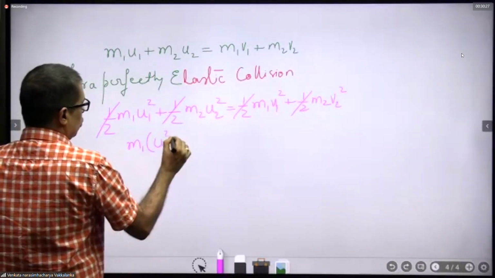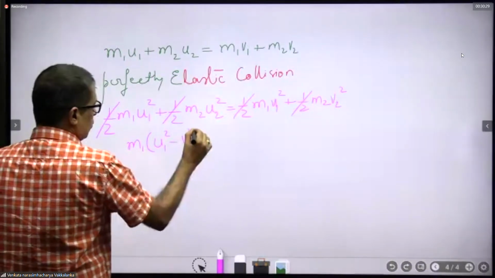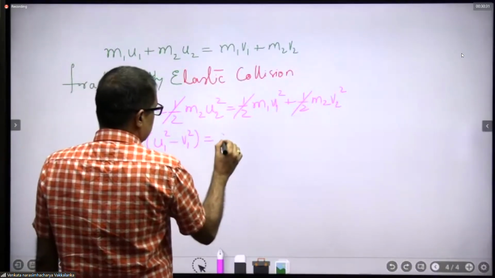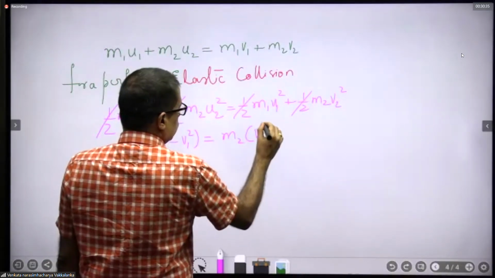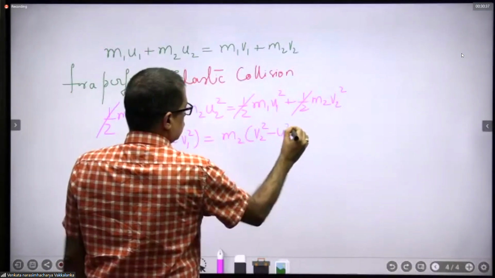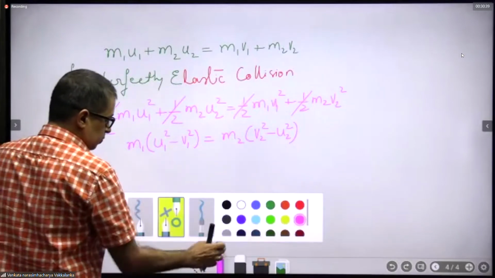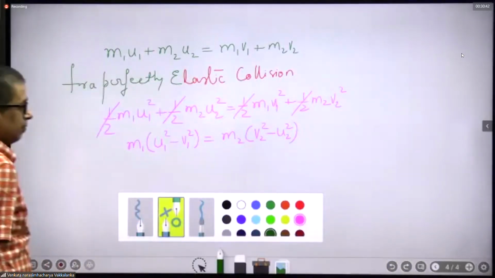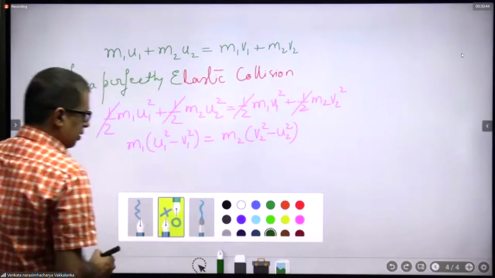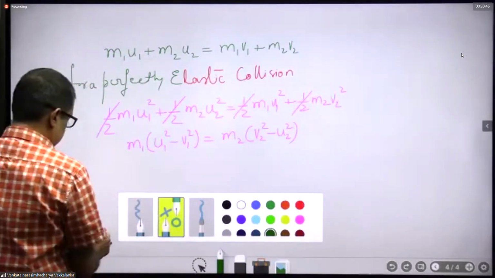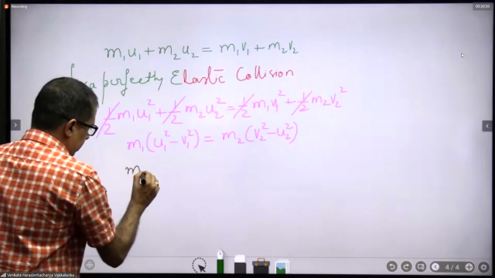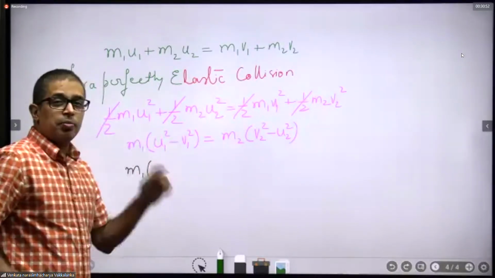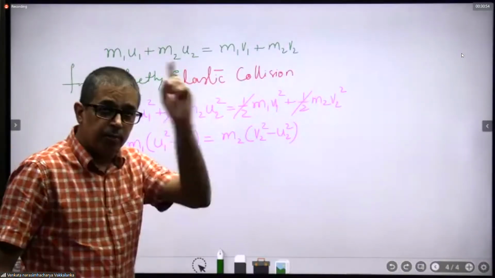M1 times U1 square minus V1 square is equal to M2 times V2 square minus U2 square. Yes or no? Yes, sir. Right? Now have a look at it. A square minus B square, something that you learned before you were born.